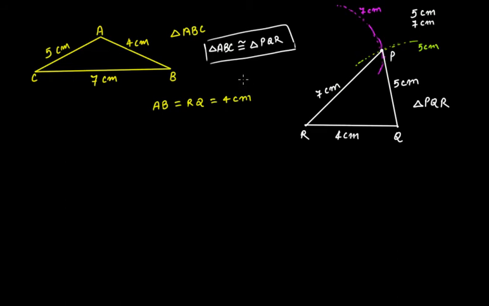Okay. Now some may think that, you know what, triangle ABC is congruent to triangle PQR. That's why let's say that A and P are corresponding vertices, then B and Q are corresponding vertices, and then C and R are corresponding vertices. What do we mean by that?